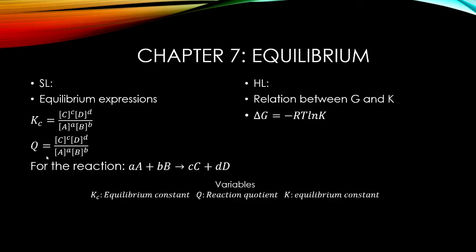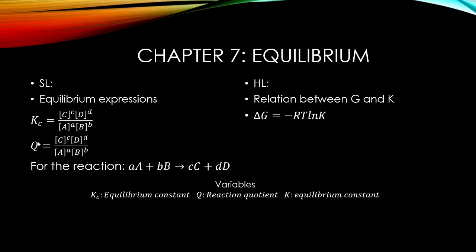And it's the same for the reaction quotient, but the equilibrium constant is calculated when the concentrations are at equilibrium, and the quotient is calculated for any point in the reaction. The point of the quotient is to find how far the reaction is from equilibrium. If the quotient is the same as the constant, it means that it is at equilibrium.